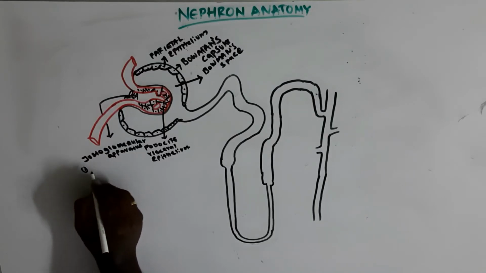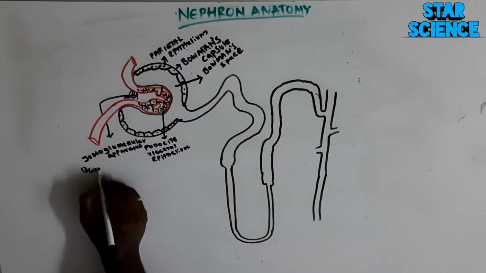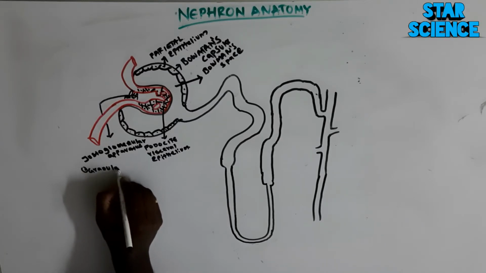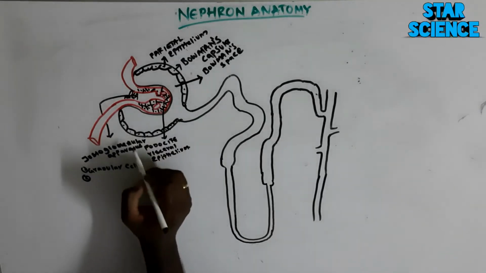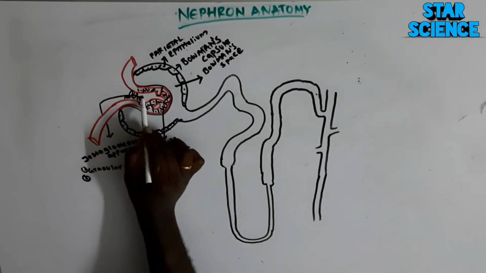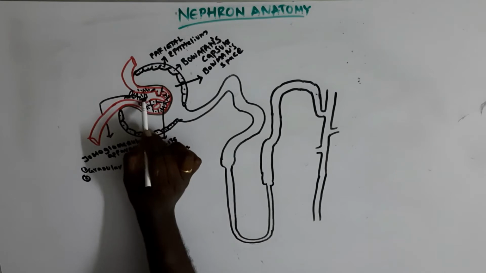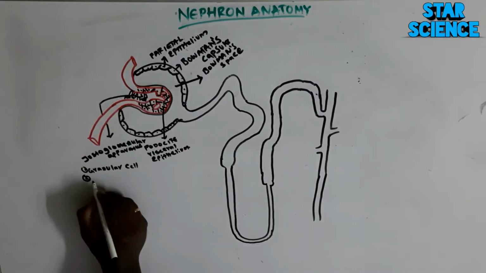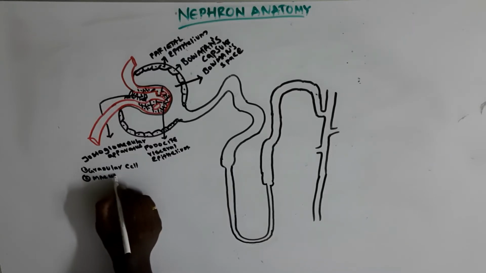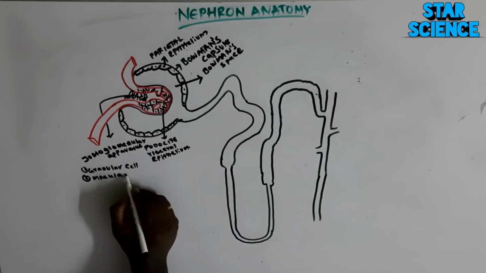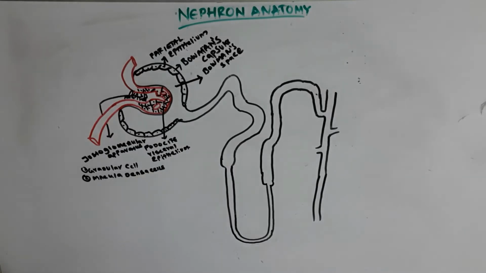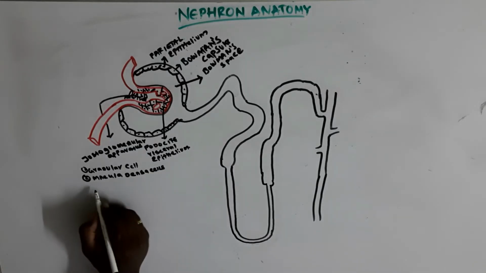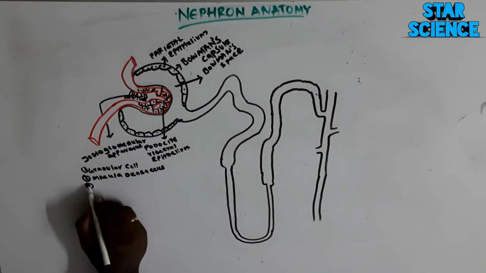The first cell is the granular cells, followed by the next cell, from the place I am showing right now, called the macula densa cell. We have to remember these cells. For anatomy purposes it's okay, but when it comes to pathological conditions, all the cells are very responsible in pathophysiology.